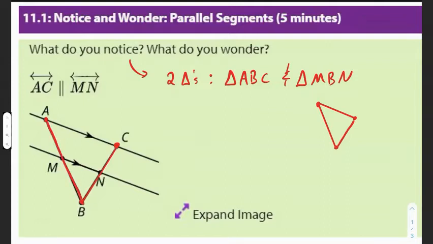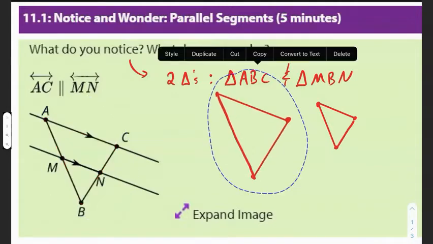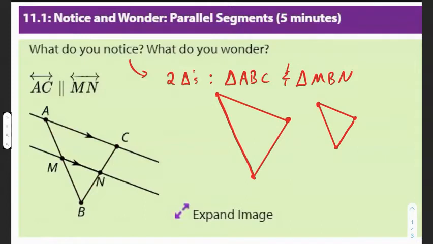Okay. Now what else can I notice? What about angles? Have you looked at the angles yet? Maybe that could lead us to something. So let's look at the angles just for giggles. I notice again parallel lines. So what do we know about those two angles?